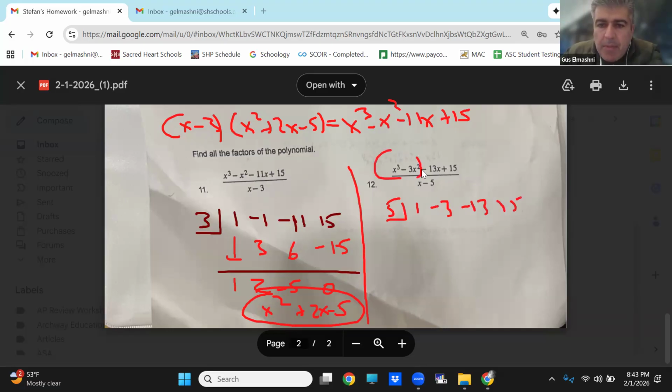Yeah, sometimes we do factor by grouping, but it doesn't look like that's possible here.